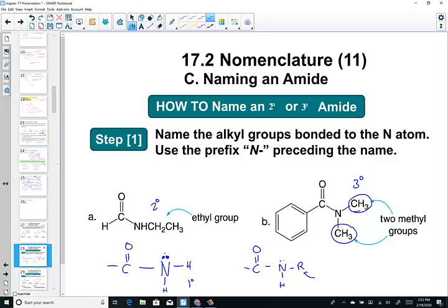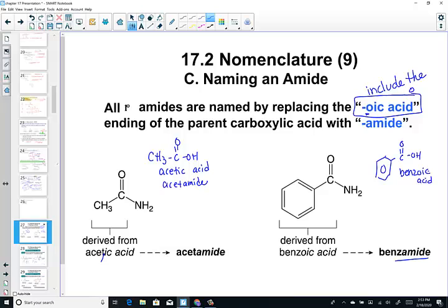So naming primary amides is very simple, very straightforward. Naming the secondary and tertiary amides is a little more challenging. So let's focus here on the primary amide. Naming those 2 structures, you called it acetamide, and this is benzamide.